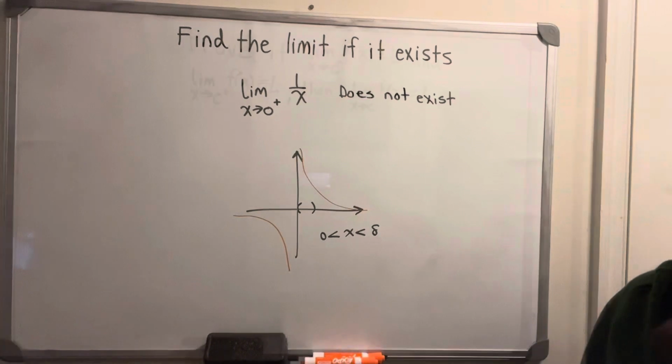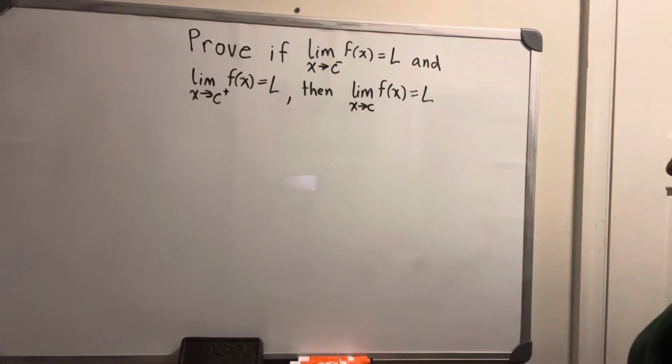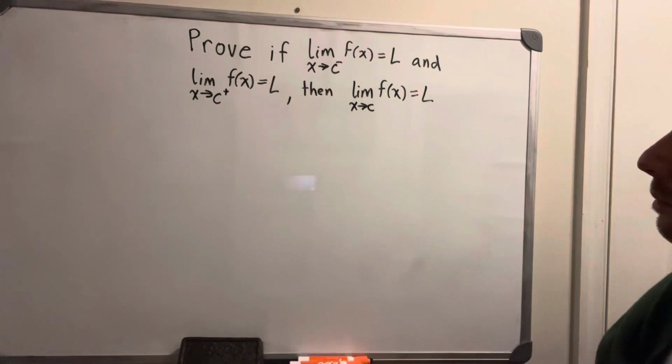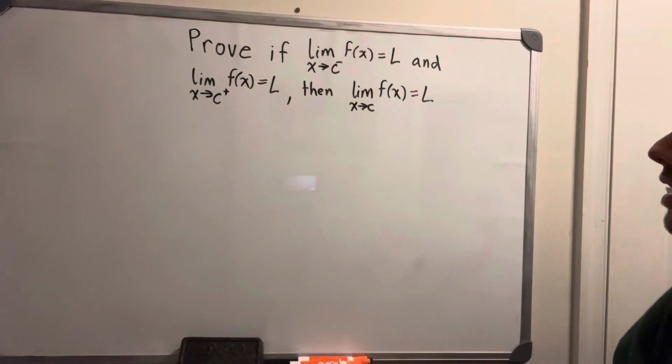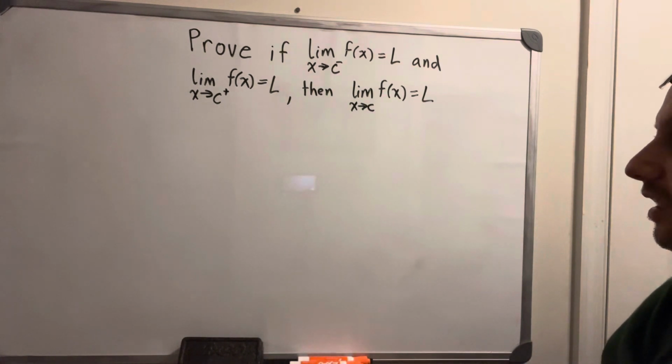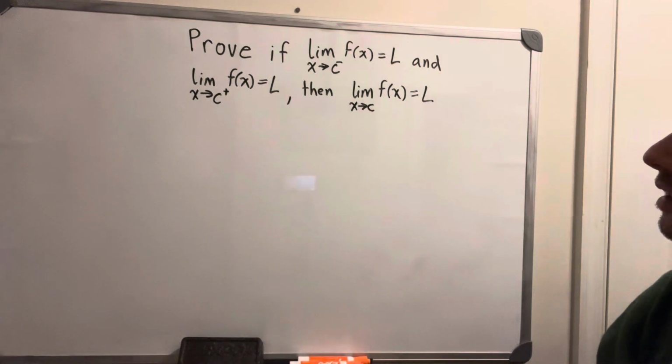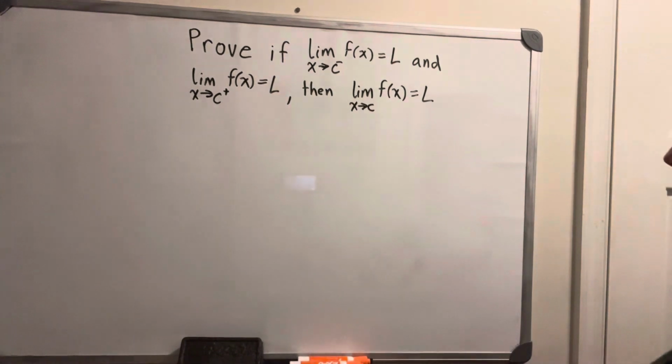This problem says prove if the limit as x approaches c from the left of f of x equals L, and the limit as x approaches c from the right of f of x equals L, then the limit as x approaches c of f of x is equal to L. So this is a proof related to showing that when the limits are the same on both sides, then that's the limit without qualification.